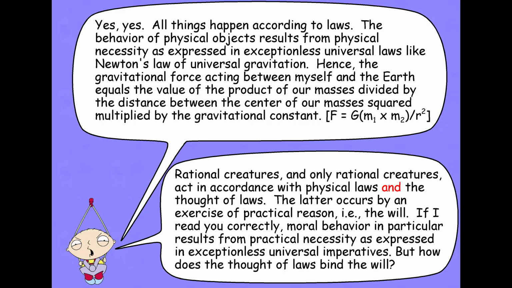But Stewie is also a rational creature, and rational creatures behave in one other way that physical objects don't. Rational creatures can act in accordance with the thought of laws. That is, they can come to recognize a command of reason, and the recognition of the practical necessity encoded in that command of reason can impel a rational creature to act in a particular way.